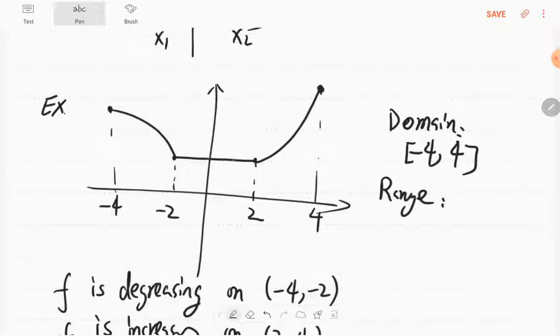The smallest y value is, for example, if here is 2, and here is 6, right? And here is 4. So the range is 2 to 6, right? There's no jump between it.